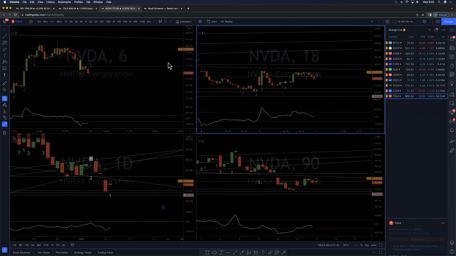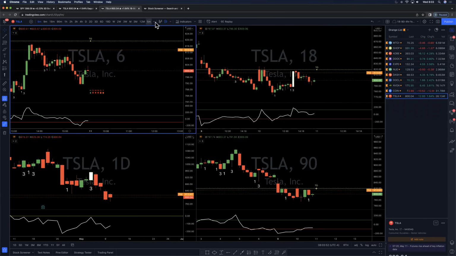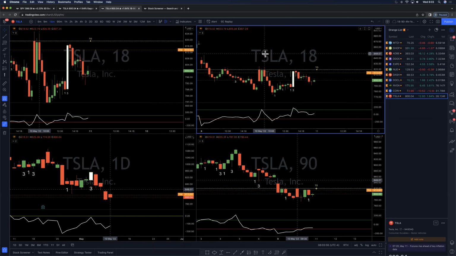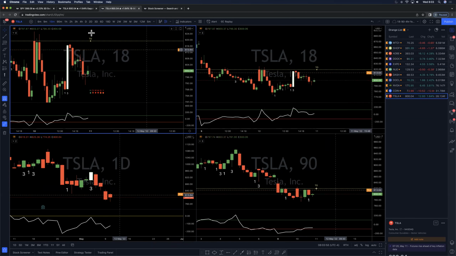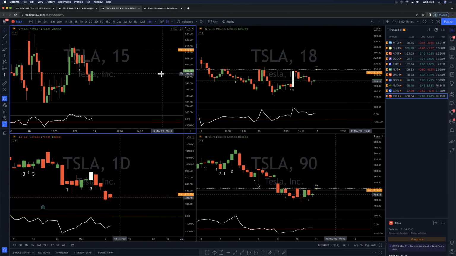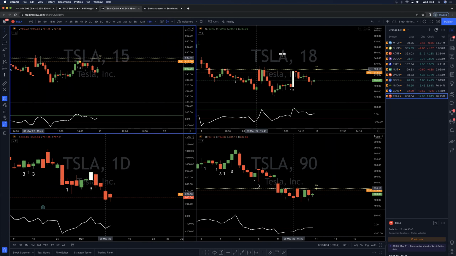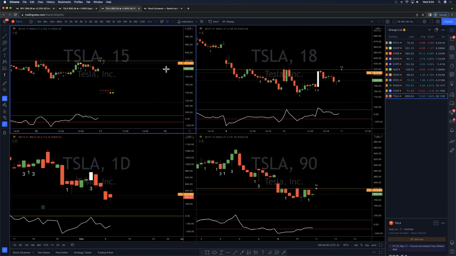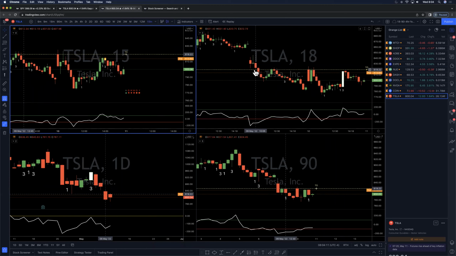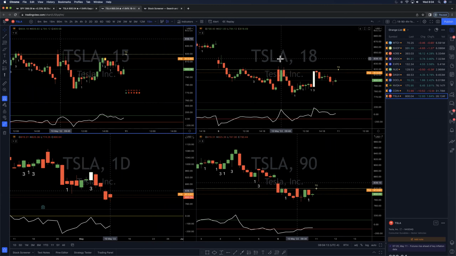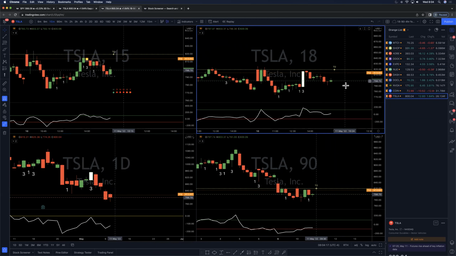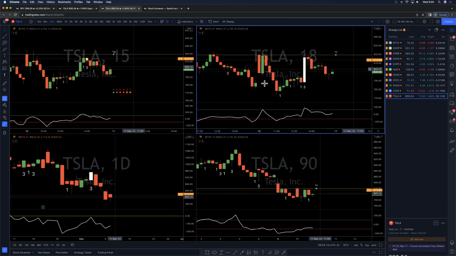What was I thinking? It's the interval that I'm looking to change. Here's why I moved to the 18. I wanted you to see how different this looks because I've just gotten so accustomed to it. Here's the 15, here's the day. Here's why this looks so different to me.